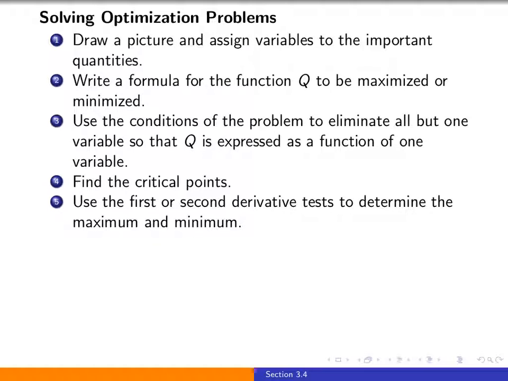Now the problem is that this function will typically involve more than one variable. So what we do is we use conditions given in the problem to somehow express it in terms of one variable, and then use the calculus methods that we've built up in this chapter to determine what the maximum or minimum value will be.